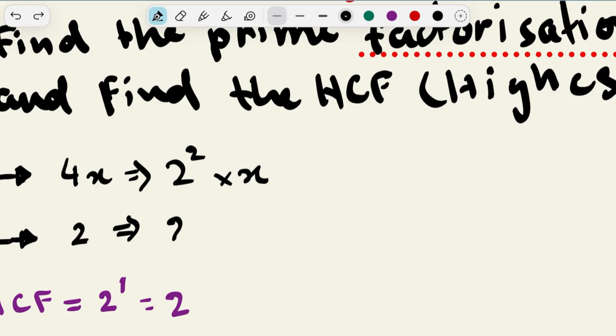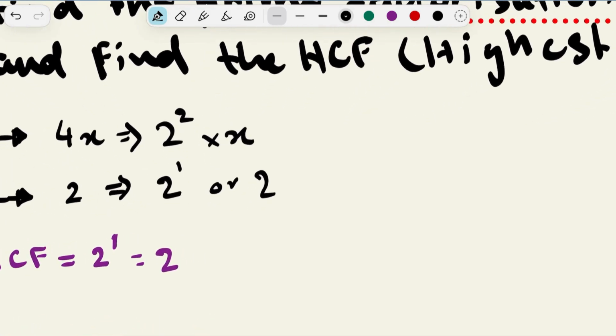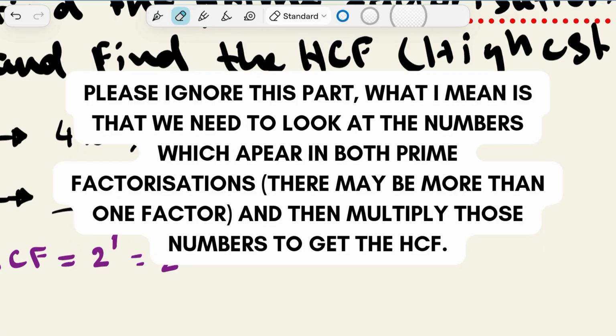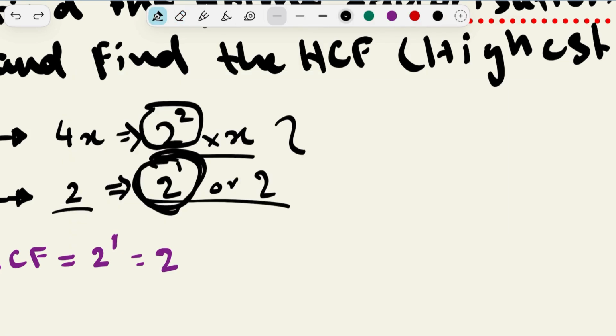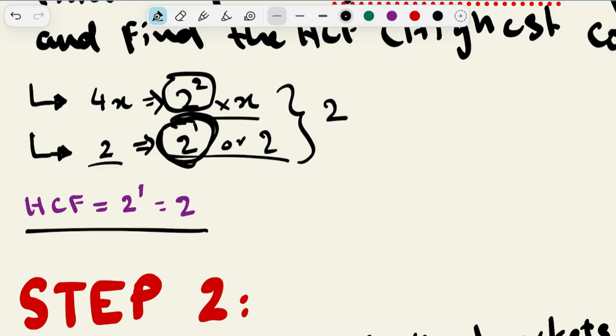We know that 2 is a prime number, so it's just 2 to the power of 1 or just 2. Now, to find the highest common factor, we're going to find the common factors in each of the terms, and look at the largest factor which goes into both. So the common factor over here is going to be 2, and that's why the HCF is 2.